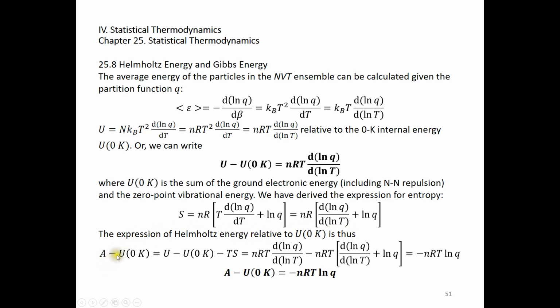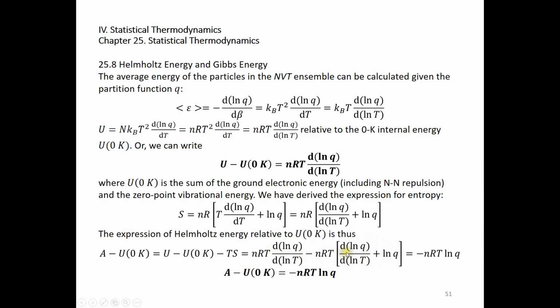So A minus the internal energy at 0 K is U minus TS minus the 0 K internal energy. And we have this, which is nRT times d ln q over d ln T right here, and minus TS. TS is equal to nRT times the sum of these two terms. One is d ln q over d ln T, the other is ln q.